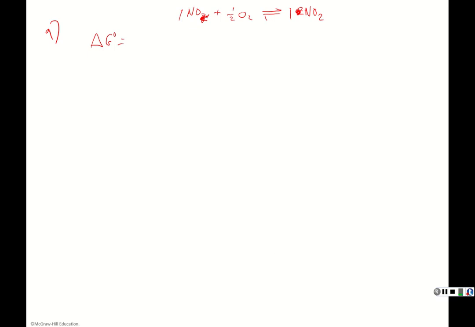If we're looking these values up in the back of the book, our product is just NO2. So we have 1 mole of it times 51 kilojoules per mole, minus the sum of our reactants.